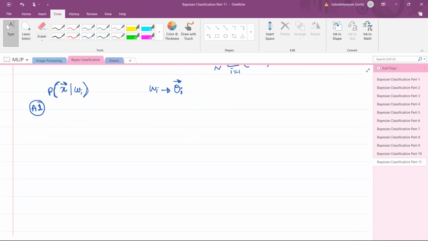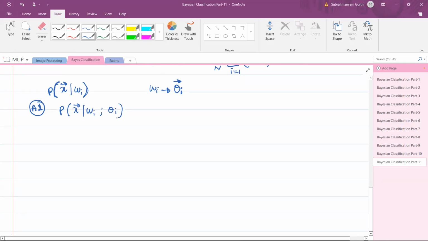So what I will do from now onwards is compute the probability of x bar given omega I. This value depends on the set of parameters theta I with the above-mentioned assumption.